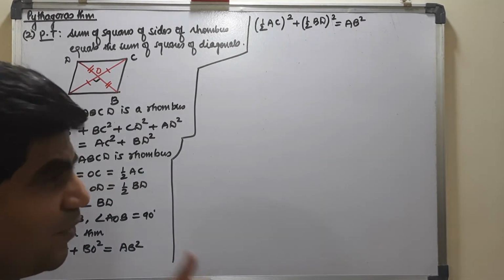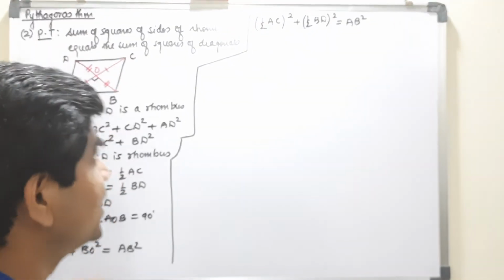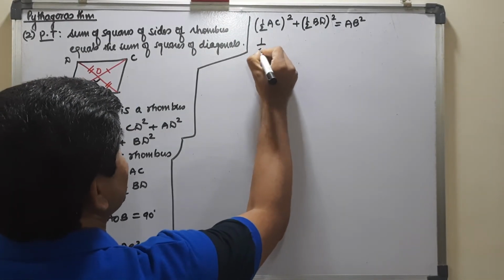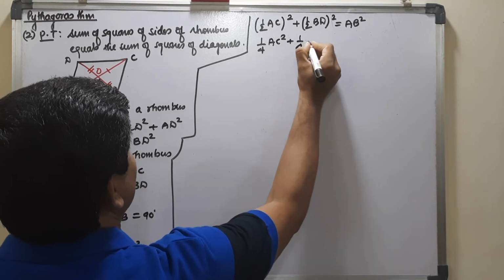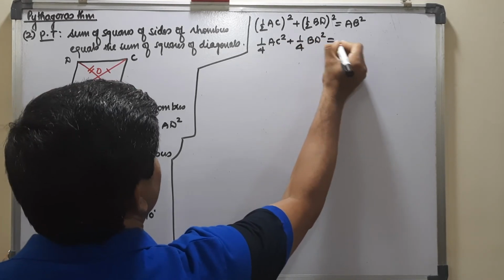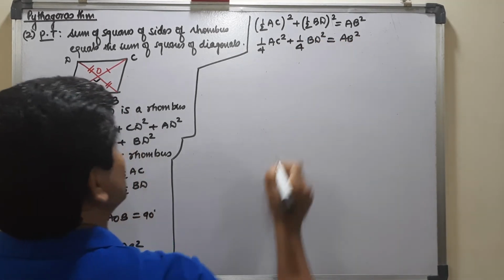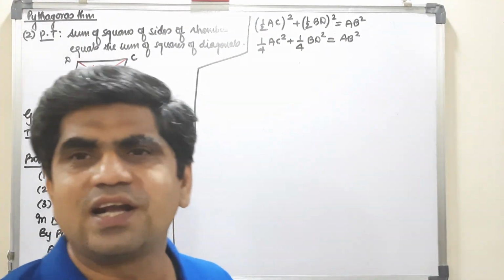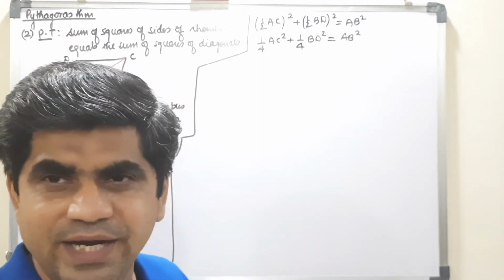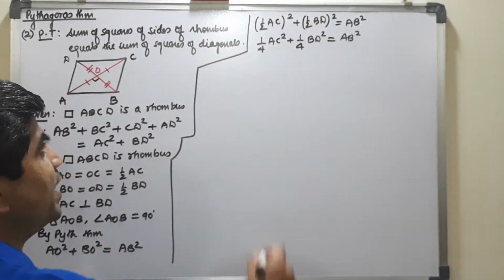And the thing which I did previously, same here: this will become 1 by 4 AC square plus 1 by 4 BD square is equal to AB square. And the same thing which I told you, I do not like a numerical denominator, so I remove it.